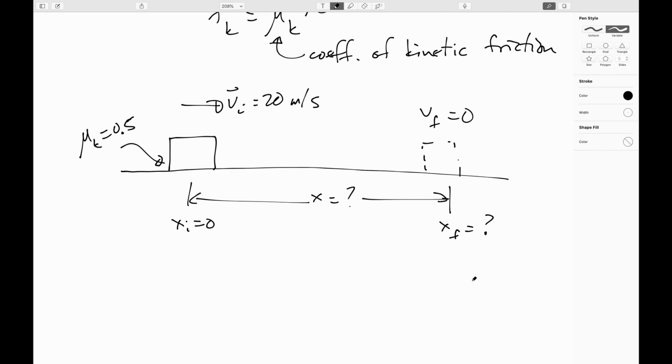You look at this and think, well, in the problem they gave you the coefficient of kinetic friction. That sounds a lot like forces, so I'm going to guess that we use Newton's second law to solve for the acceleration. Then, once we use that to get the acceleration, we'll be able to use the missing-t kinematics equation to get ourselves the distance traveled.